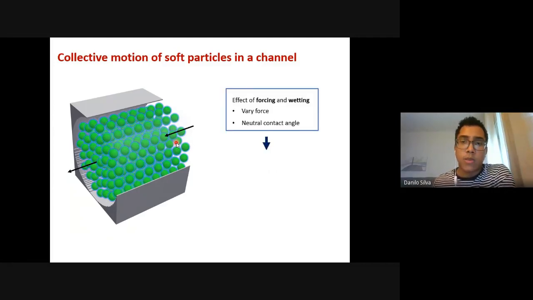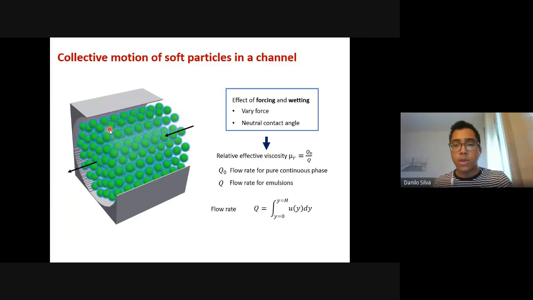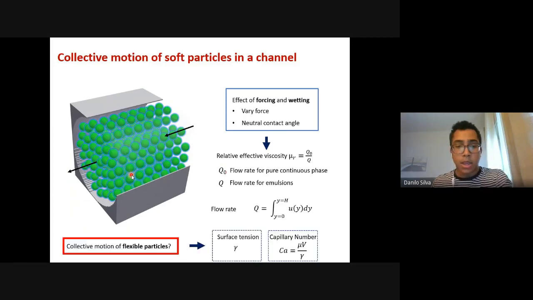We applied a force to the system, so the system is driven by a force, and we have neutral wetting at the walls of our channel. We looked at the relative viscosity as well, which is basically the flow rate without droplets over the flow rate with the droplets.